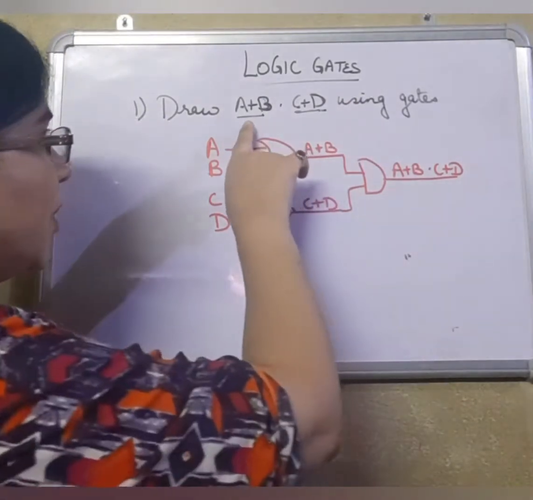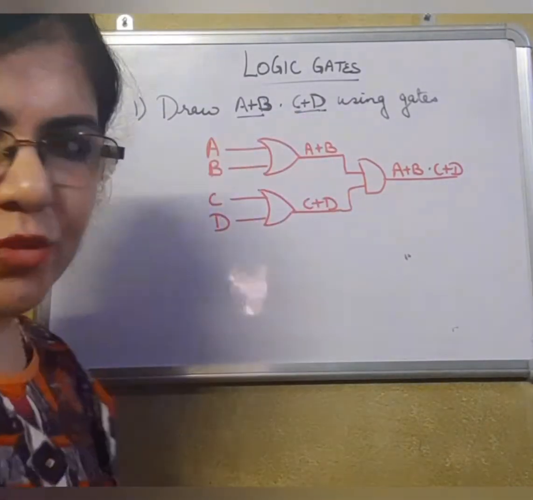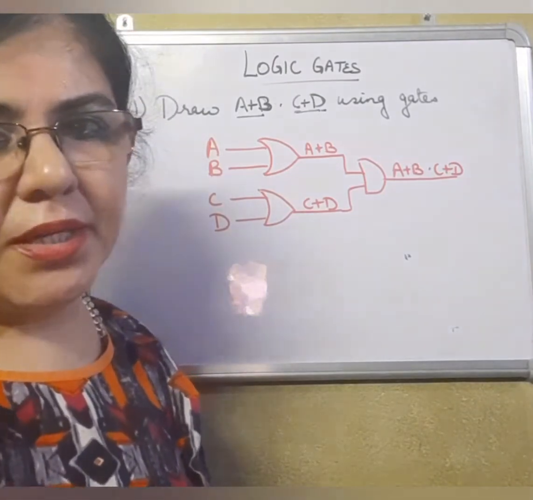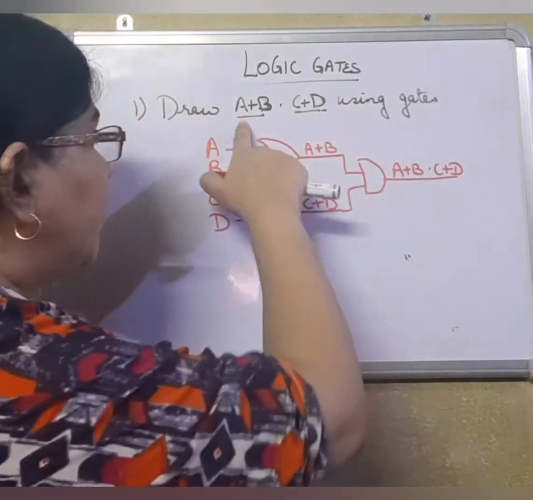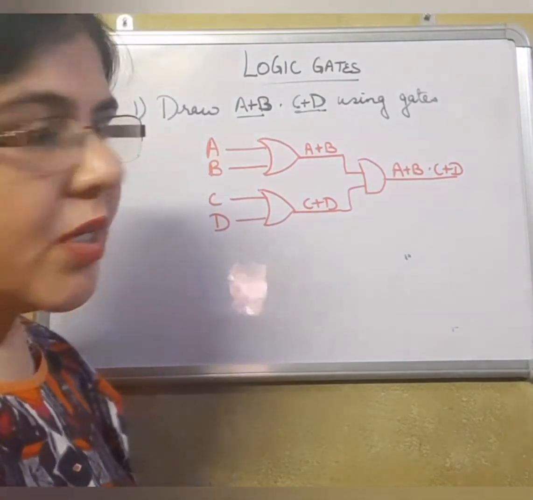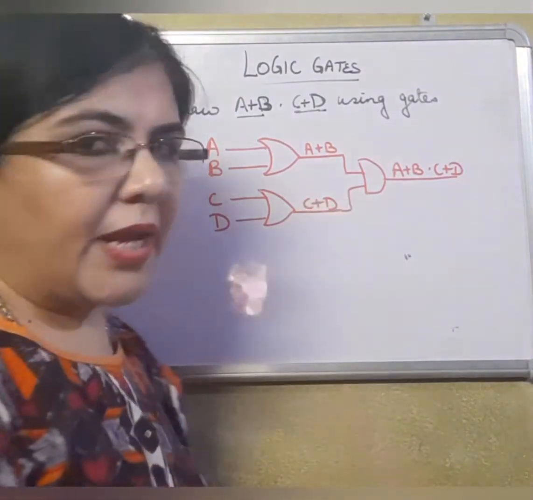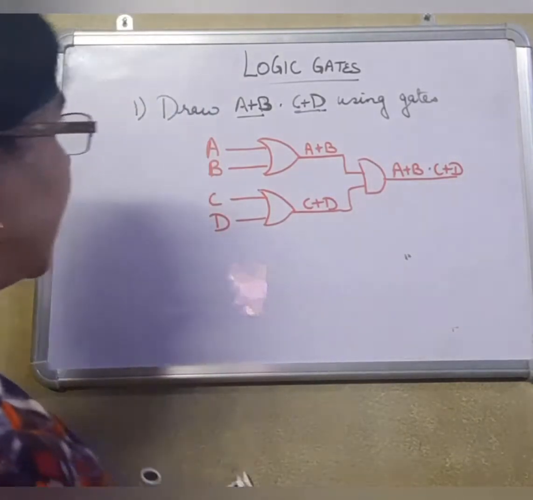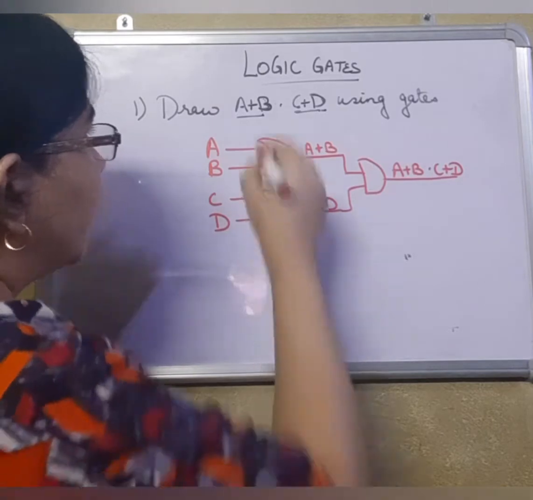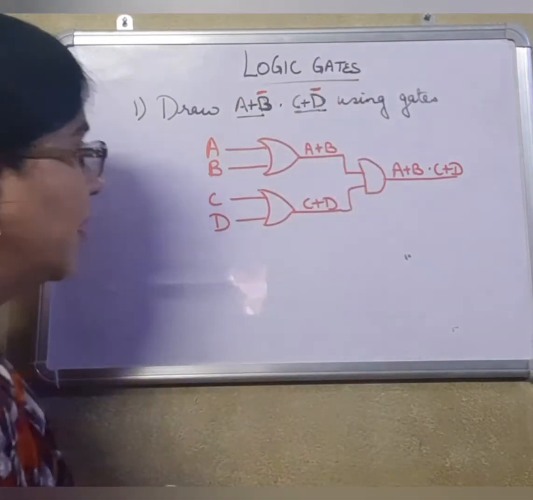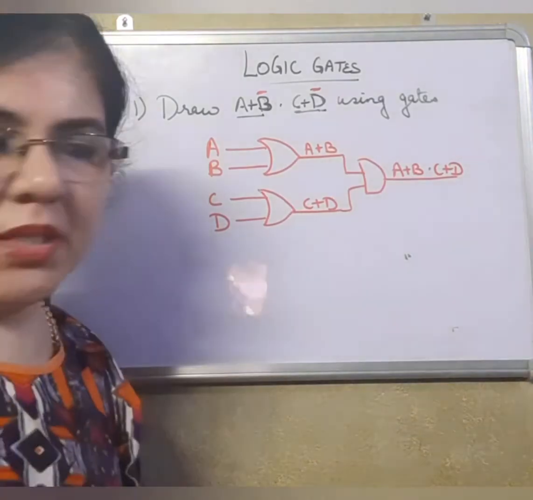Right? So as per the symbol, you have to consider which logic gate has to be implemented in your question. So A plus B requires an OR gate, C plus D requires again an OR gate, and they will be joined by an AND gate. And if suppose the question carries somewhat like (A plus B complement) and (C plus D complement), slight changes have to be made in our diagram.